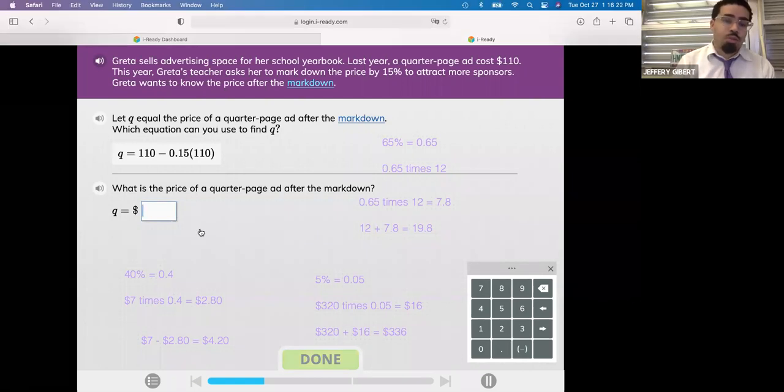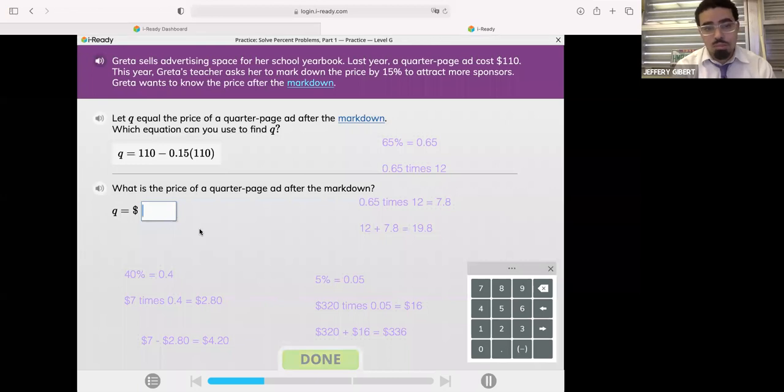What's the price after you do 110 minus 0.15 times 110? What is 110 minus 0.15 times 110? It's 55. 54. 55?